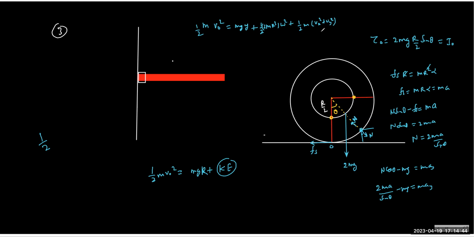What is the answer given for this question? 15 number. It's given 3 meters per second. Under root 3 GR they've got. V naught is equal to under root 3 GR.